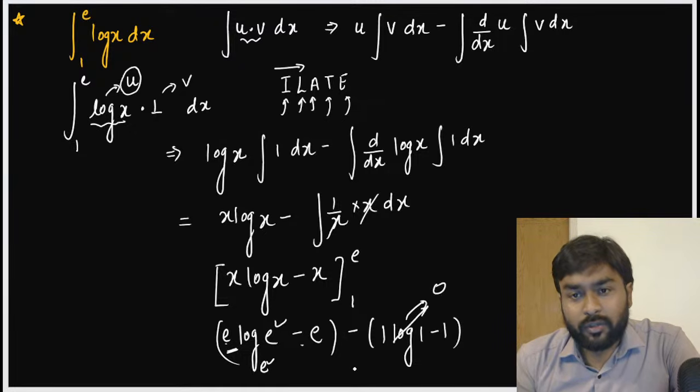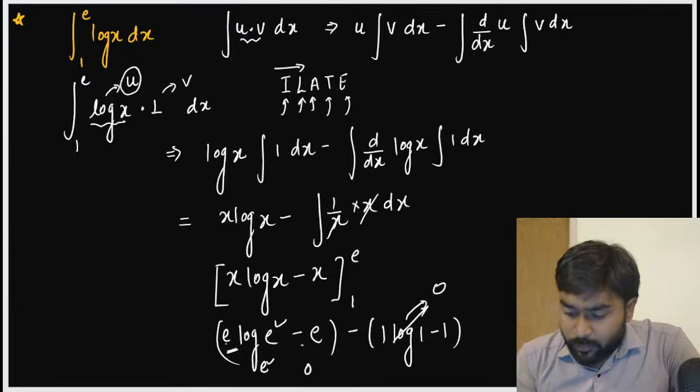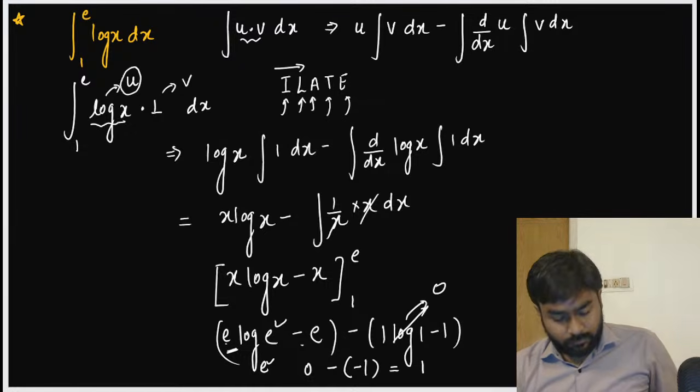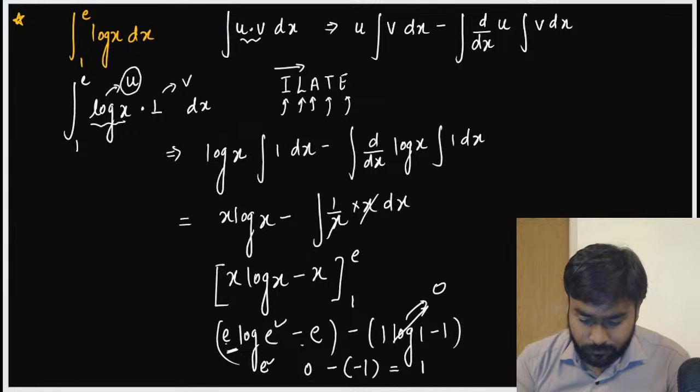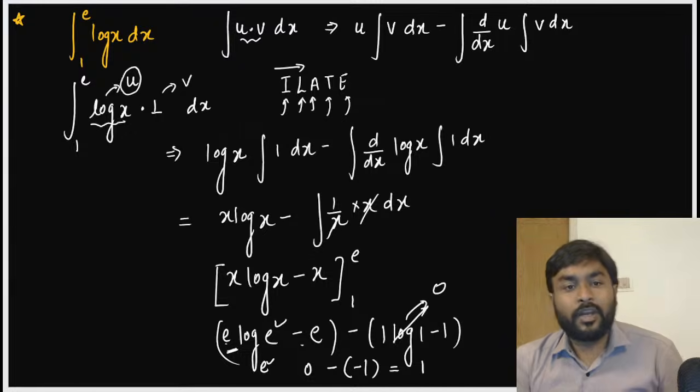Log 1 is 0, so the lower limit part is 0 minus 1, which is minus 1. So 0 minus of minus 1, the final answer is 1. Okay, so the final answer is 1.